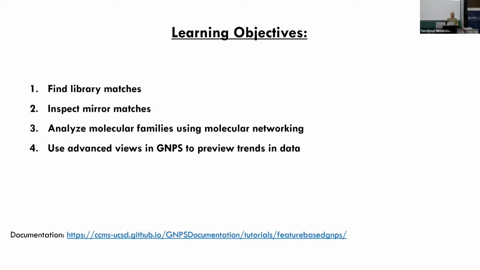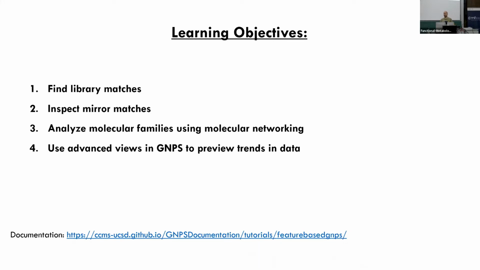First, we want to see what compounds GNPS annotated for us. Then we want to look at the quality of these matches by manually inspecting them, and then perhaps start propagating some of those annotations within the molecular network.